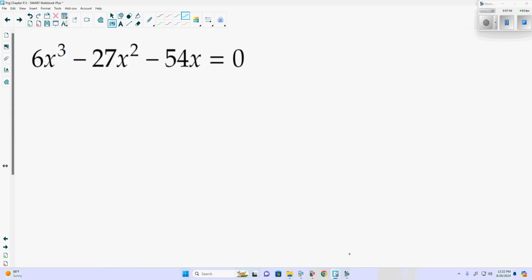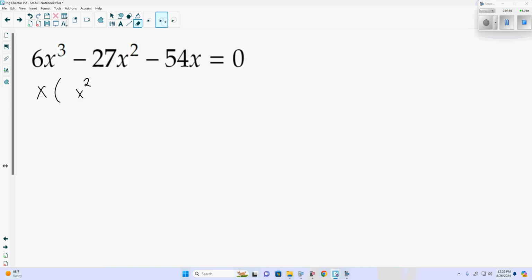Do we have four terms? No, so we can't factor by grouping, but is there a greatest common factor? X. Yes. What is the other one? 3.